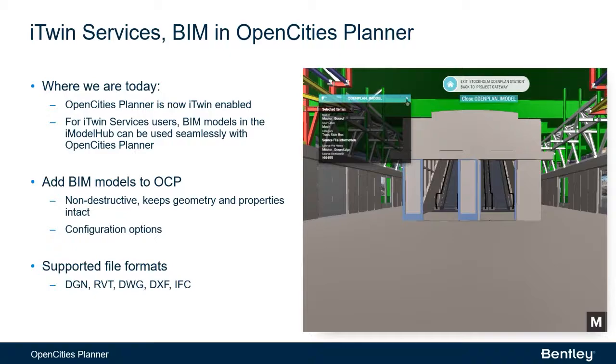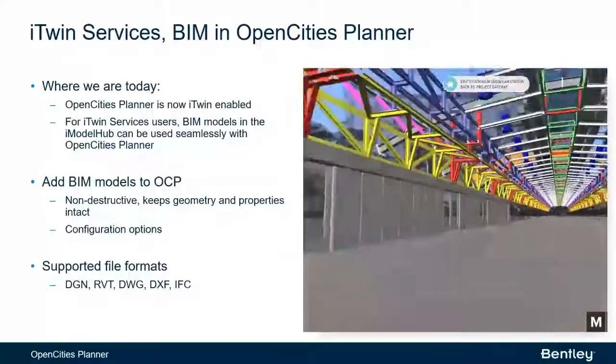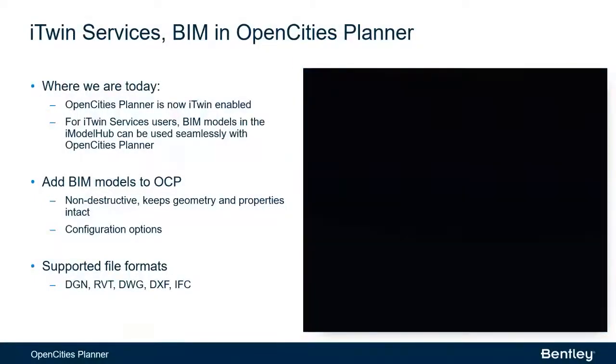This content pipeline is non-destructive. You can upload DGN files, Revit files, DWGs, DXF, IFC files directly, or through this content pipeline, at least, that I'm going to discuss. Configure it, and the geometry and the properties are kept in OpenCities Planner.